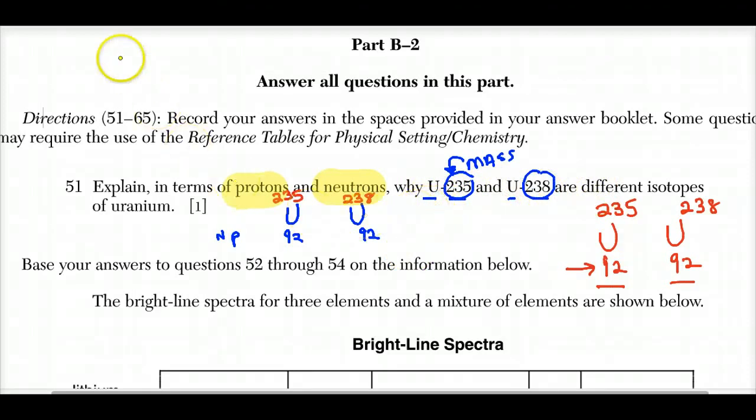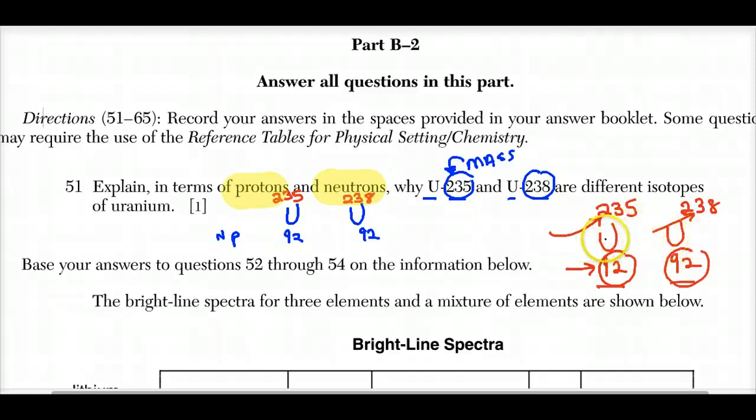Well, I kind of already have answered it, but very clearly, they're isotopes of uranium because they have the same number of protons but a different number of neutrons, and that makes them a different type of nucleus, sometimes less or more stable. Okay, and these are both radioactive elements.